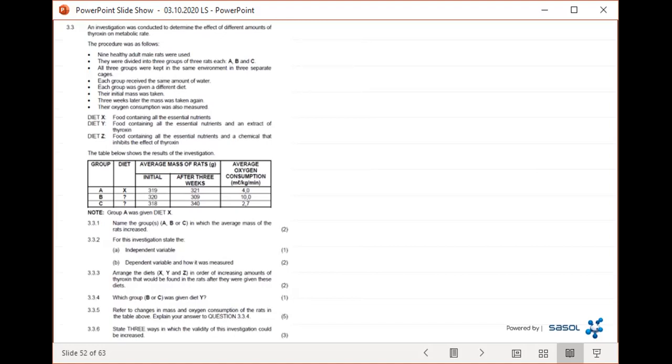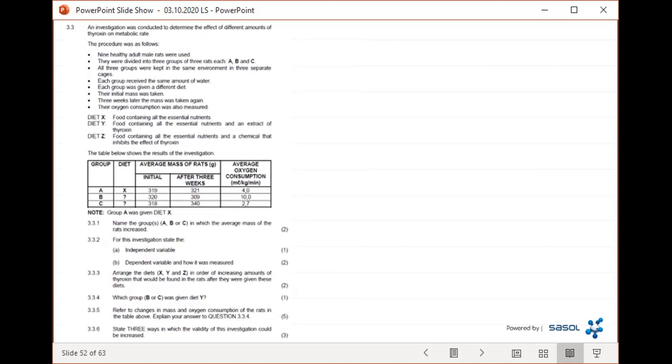Let's look at group A of the rats. After 3 weeks, their average mass increased from 319 to 321. Then in B, the average mass decreased, sorry, from 320 grams to 309 grams. And in group C, the mass increased from 318 grams to 340 grams.